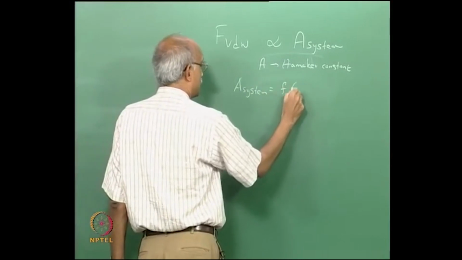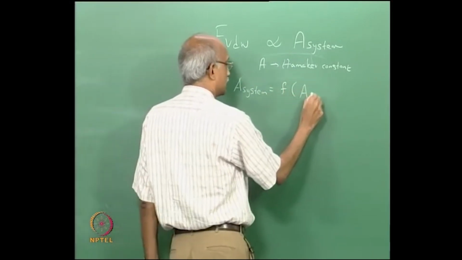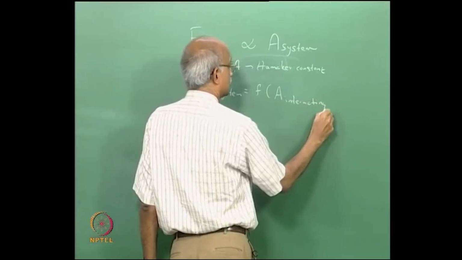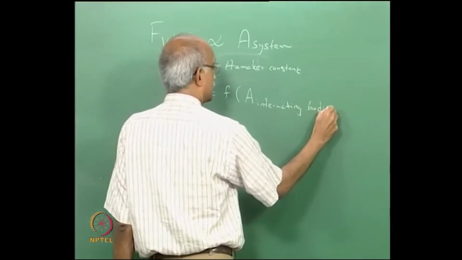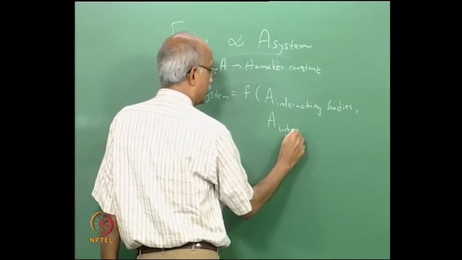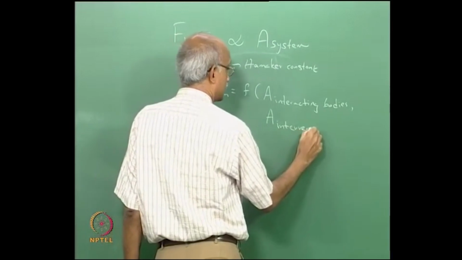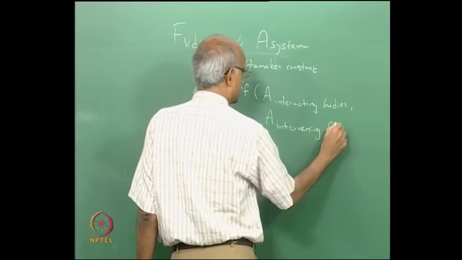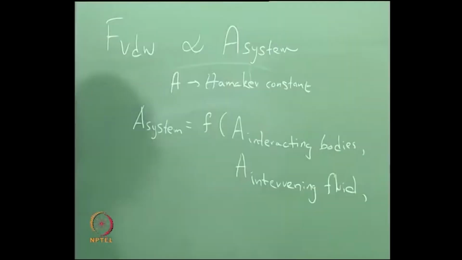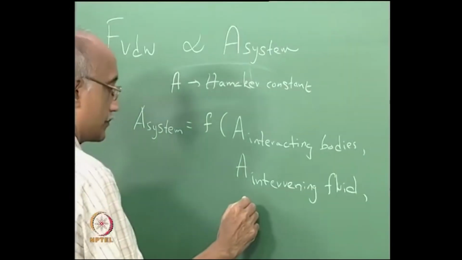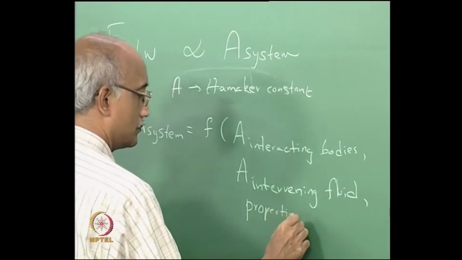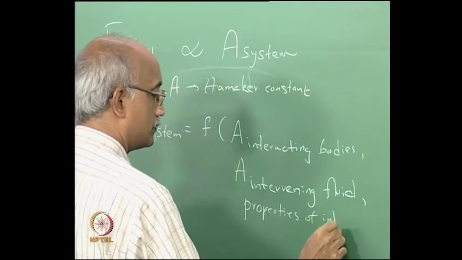is a function of the Hamaker constant of the interacting bodies, the Hamaker constant of the intervening fluid, and the other properties of the intervening fluid.